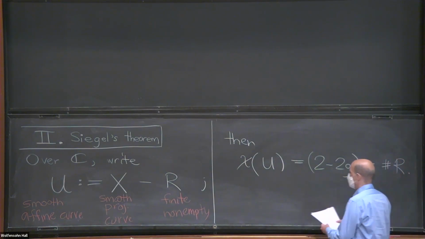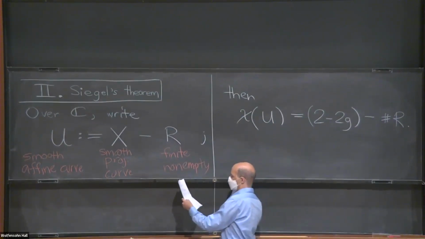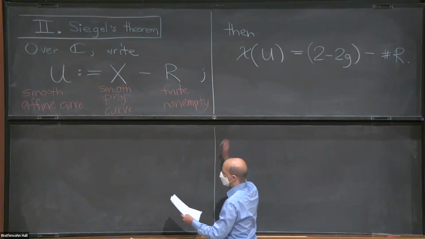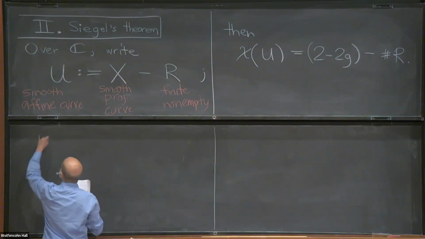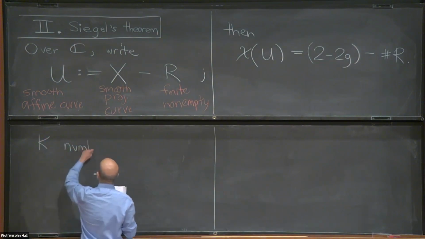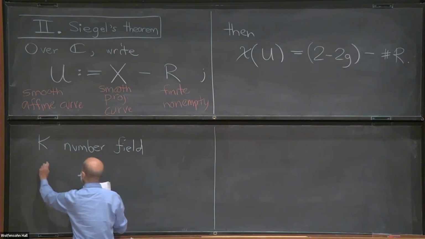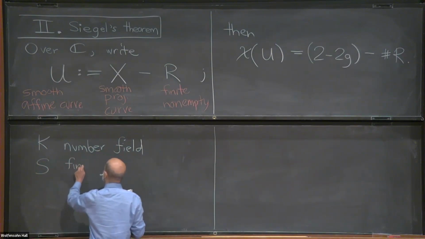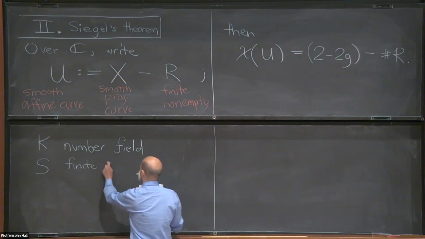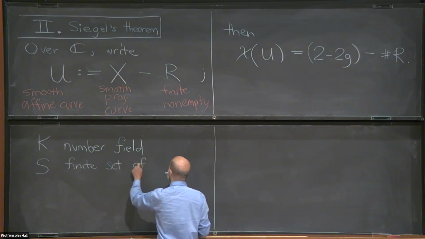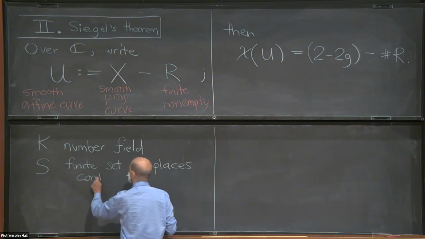But the statement of Siegel's theorem is not about curves over the complex numbers. So let me set up the actual notation. Here K will be a number field, a finite extension of Q, and S will be some finite set of places of K containing all of the Archimedean places.